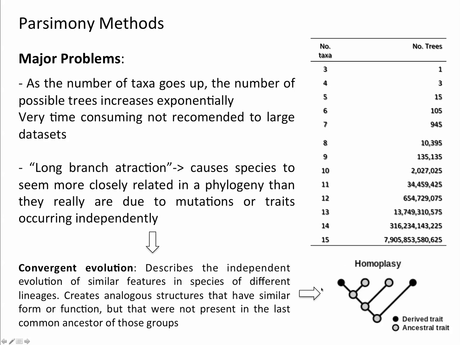And as you can see, these two taxa share a similar character, but this character doesn't come from the common ancestor. In this sense, the parsimony methods could incorrectly group together these two species in closest branches, and this could give an incorrect tree.